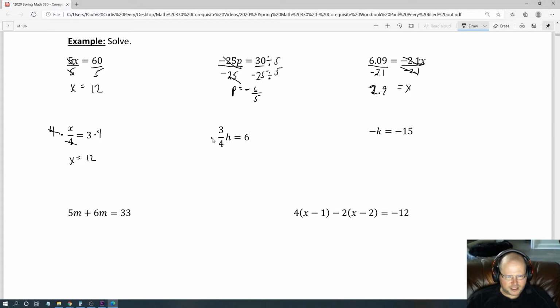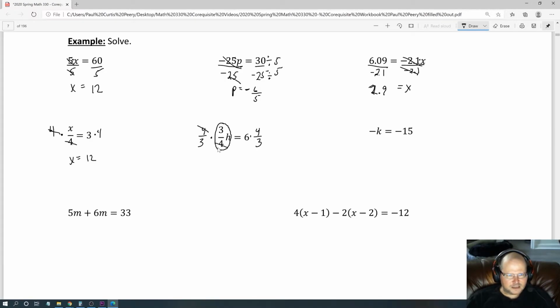But there is a trick that if you have a single term with a fraction in front of it, like 3/4 h, equal to a single term on the right, what you can do is you can multiply both sides by the reciprocal of 3/4, which would be 4/3. So multiply by 4/3.